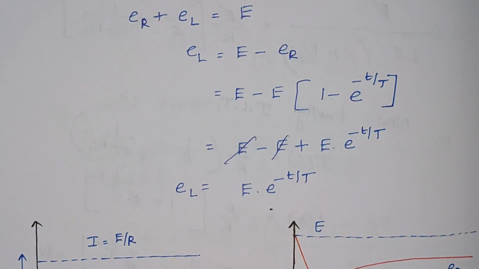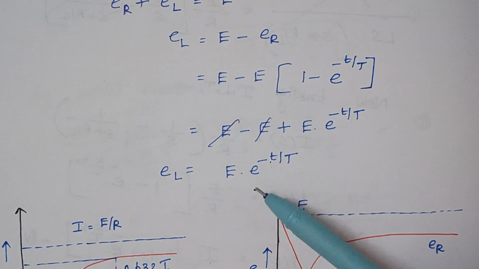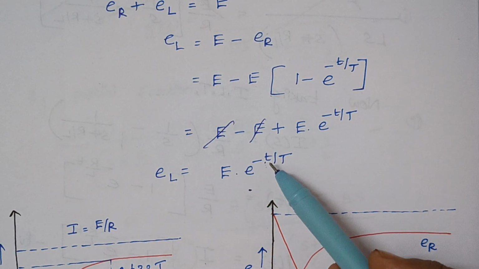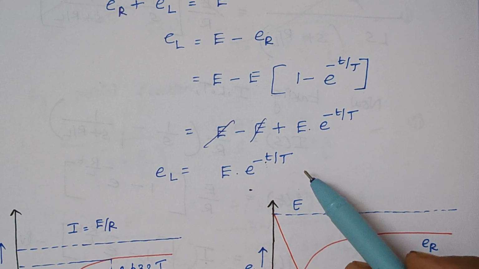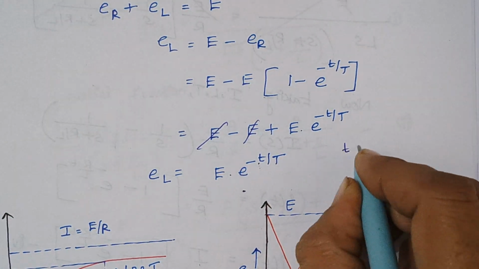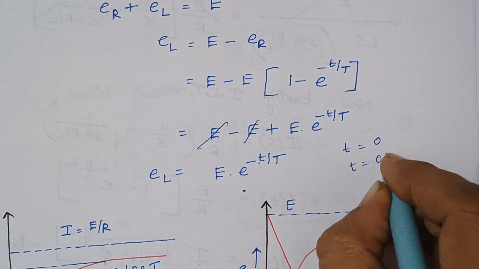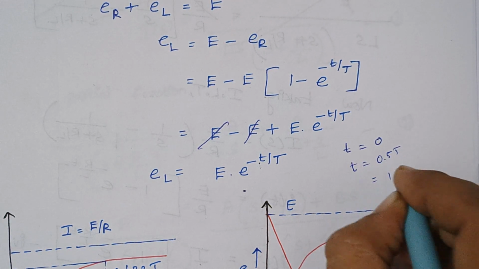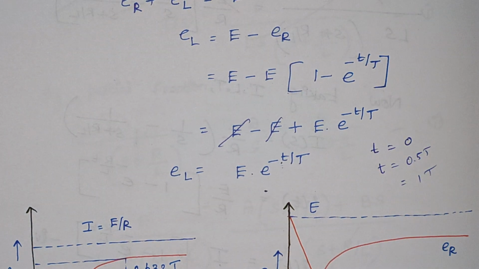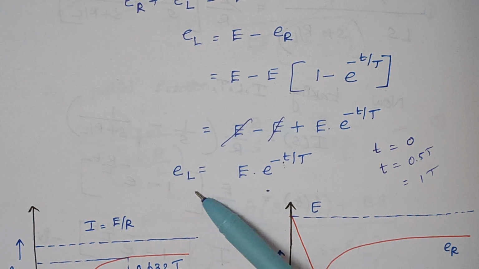Now we are going to draw a graph for different values of ER and EL. So here in this case, again you have to select the value of t as per your wish. That is, initially let the value of t be 0, then it is 0.01 T, then 0.5 T. Initially it can be 0 and next it can be 0.5 T and it can be 1 T, something like that. So for different values of t, just calculate the value of EL.